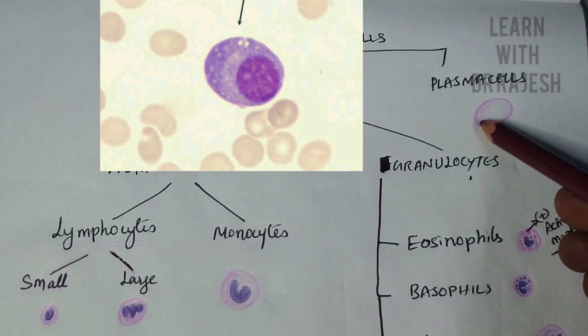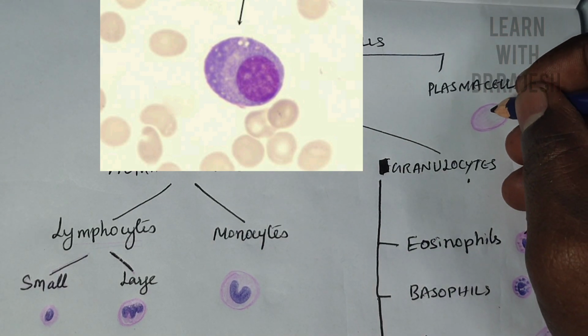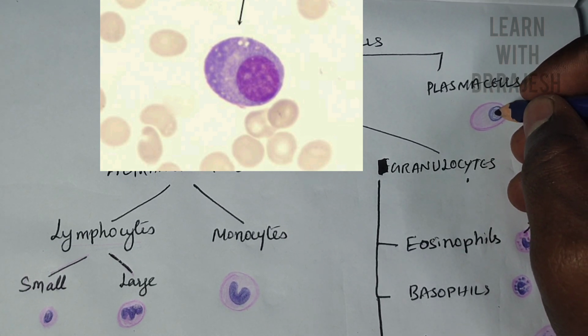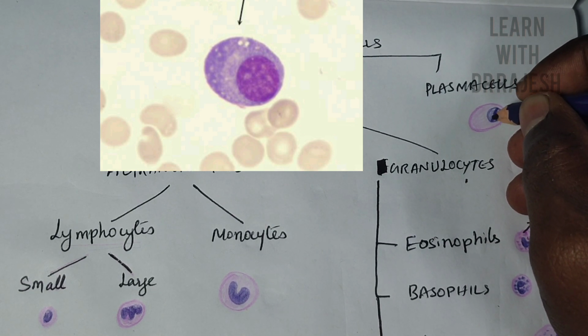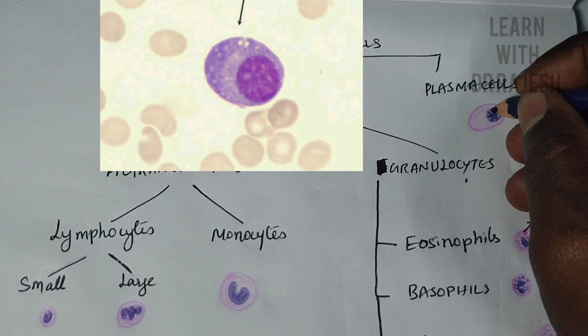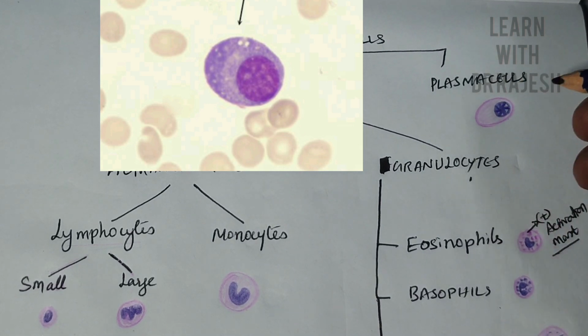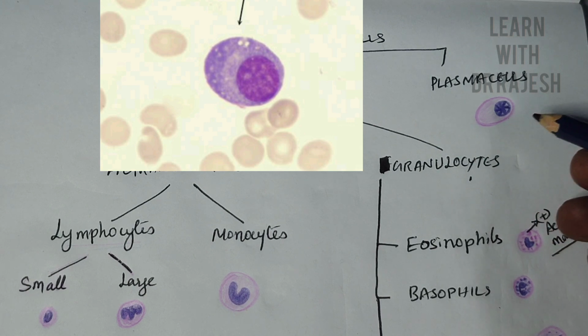Next, we can draw the peripherally placed nucleus, which has a characteristic cartwheel shape. In the nucleus, you can see the characteristic cartwheel shaped arrangement of chromatin. So the chromatin is arranged in such a way that it looks like a cartwheel.